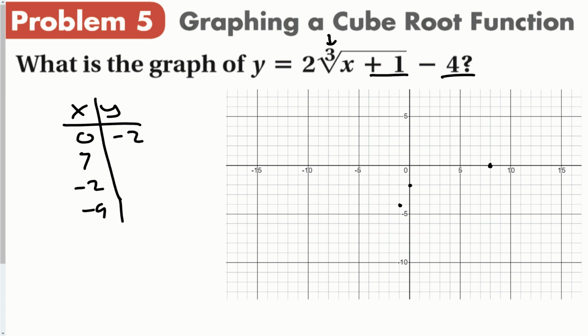Now, cubic functions are always odd. So that means the parent function is going to be reflected across the origin, and it's going to be an odd function. This function is going to be reflected across this point. So it means if I went right 1 up 2, I'm going to go left 1 down 2.